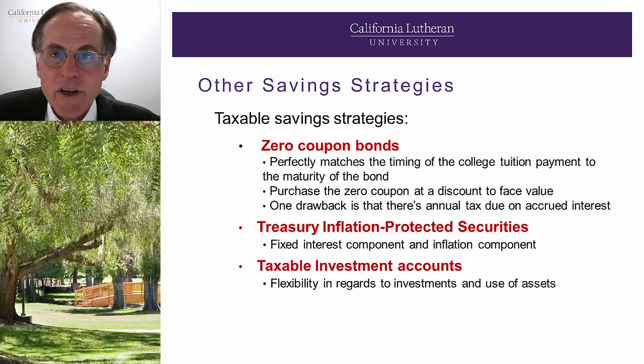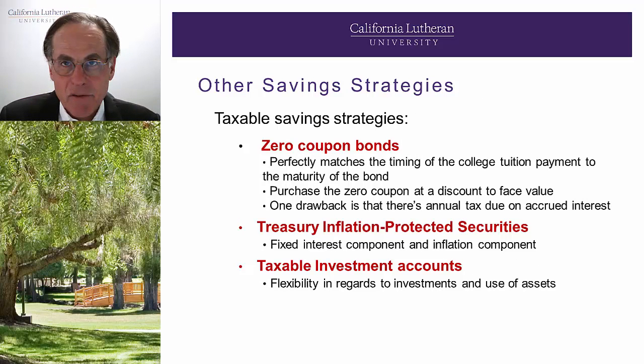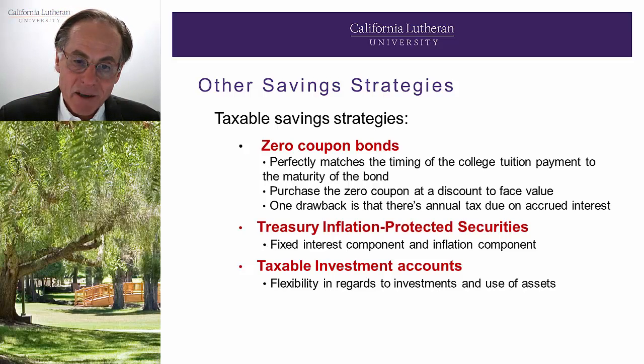There are several other taxable strategies that might be used to save for education. The zero coupon bond. The zero coupon bond is an excellent alternative because it perfectly matches the asset and the liability. For example, knowing that your child will start school in 5 years, you could buy a zero coupon bond that matures in 5 years.